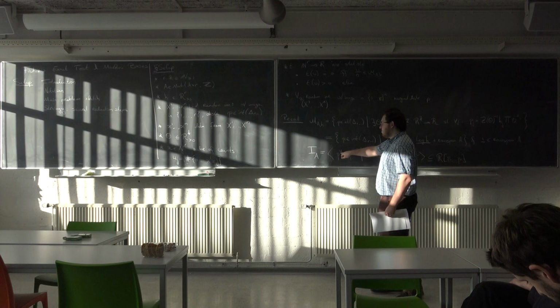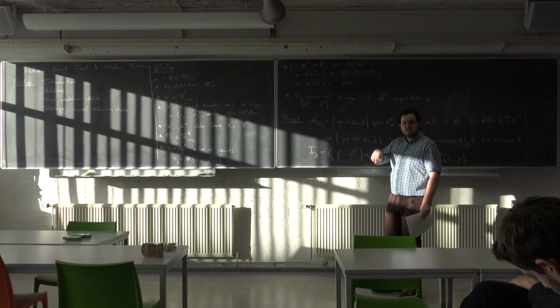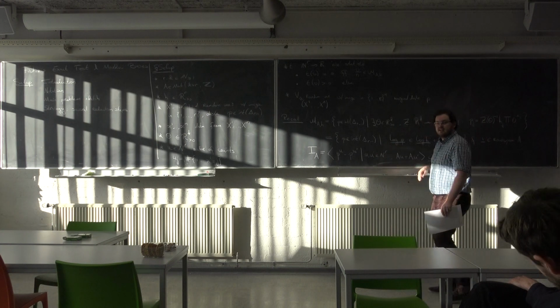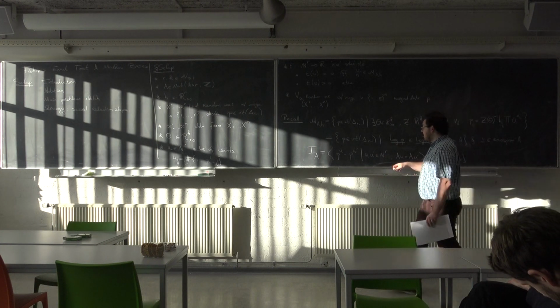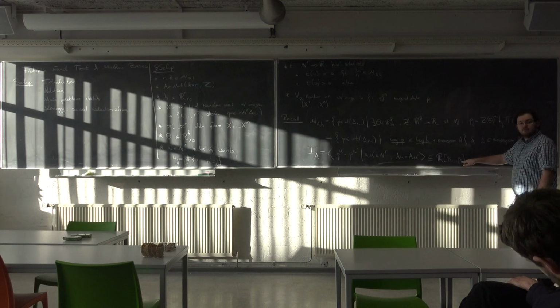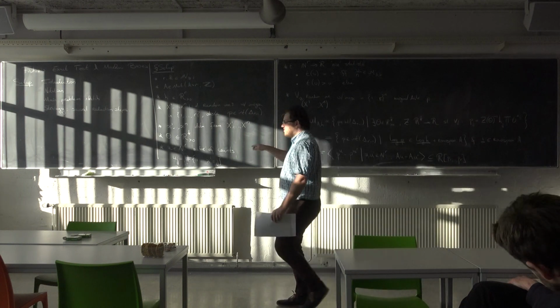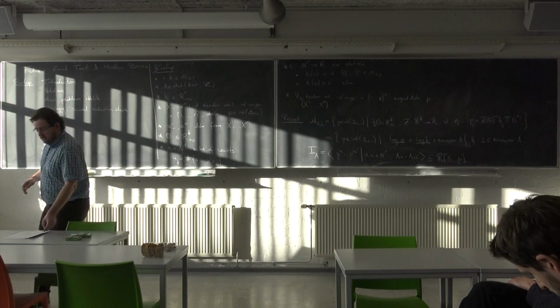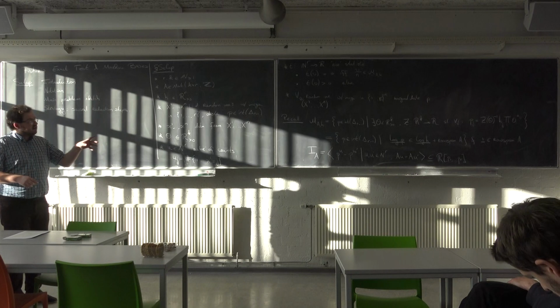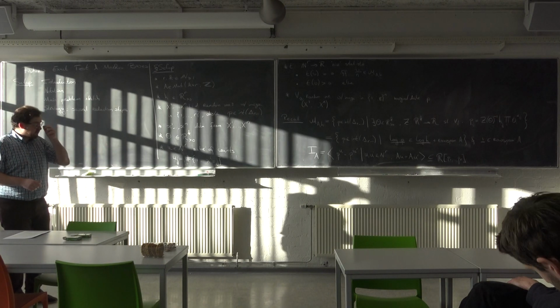So if I write P to the U, I mean P1 to the U1 times P2 to the U2 times P3 to the U3, etc. So this is a monomial in this polynomial ring. The P is a probability distribution, but we will treat its components as variables in a polynomial ring.